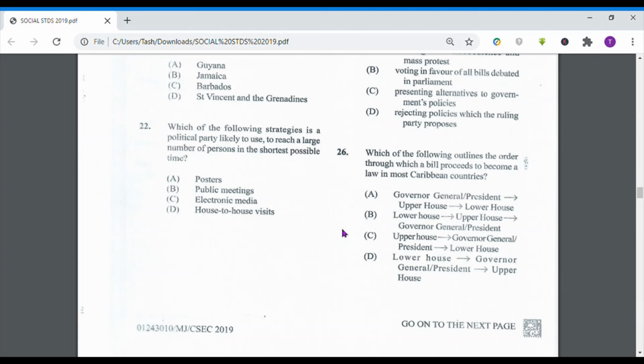So that person would be the last person that it needs to go through. So with that in mind, you would look at the options to see which one starts out with lower and ends with the Governor General, and that would have been letter B. So lower house, upper house, and then Governor General or President. So for number 26, your answer would have been letter B.